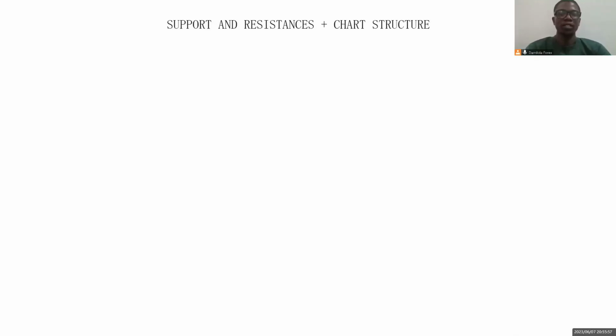If you want to get a buy or a sell trade, your support and resistance should be used along with a chart structure to give you accurate entry and exit of prices.